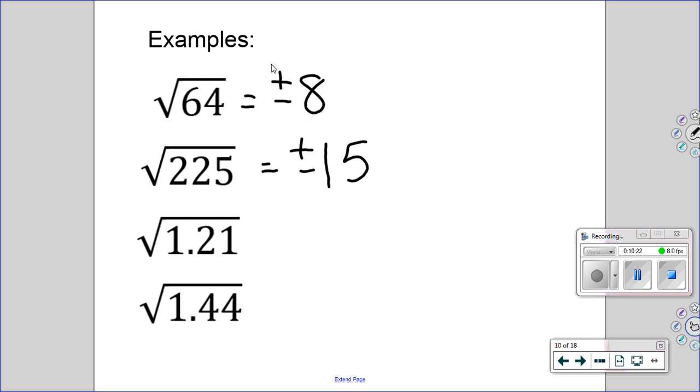Next, I have the square root of 1.21. Lucas? No solution. Right? No. There is a solution, Julius. 14.11. You're on the right track, but your decimal point's in the wrong spot. Ariana? 1.1. Yes, it is.